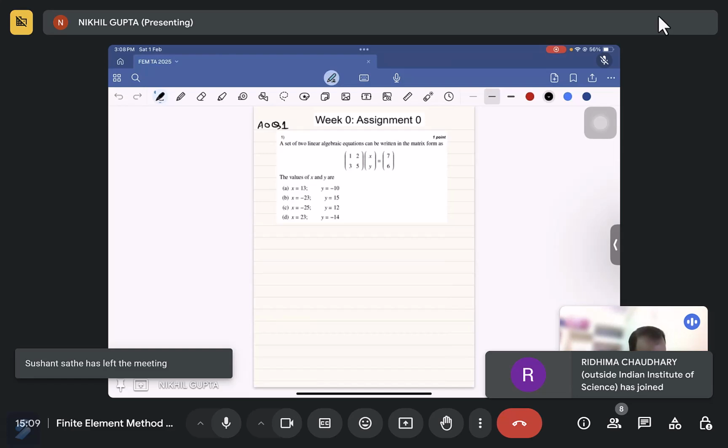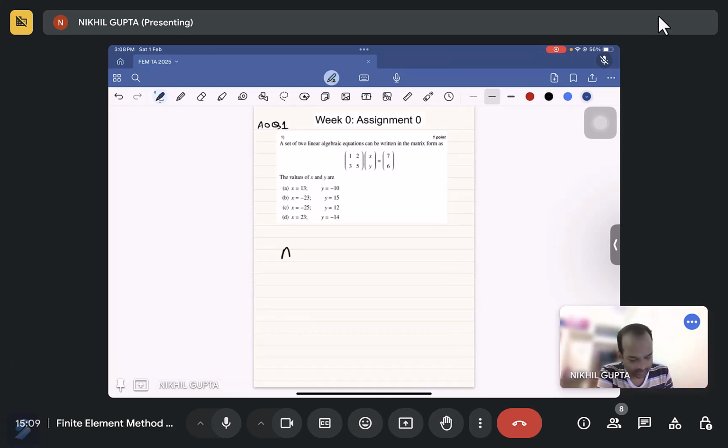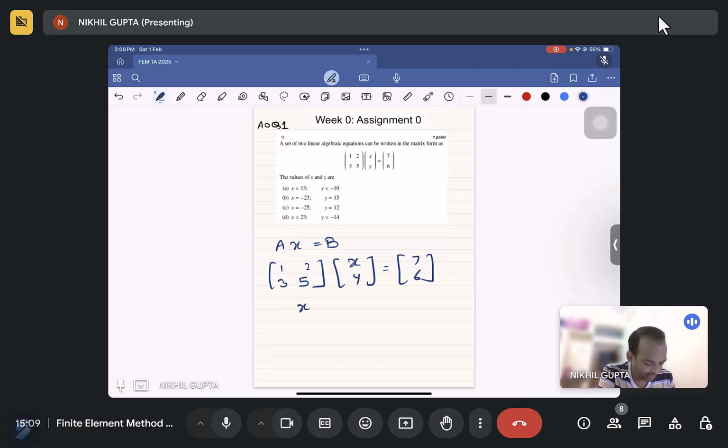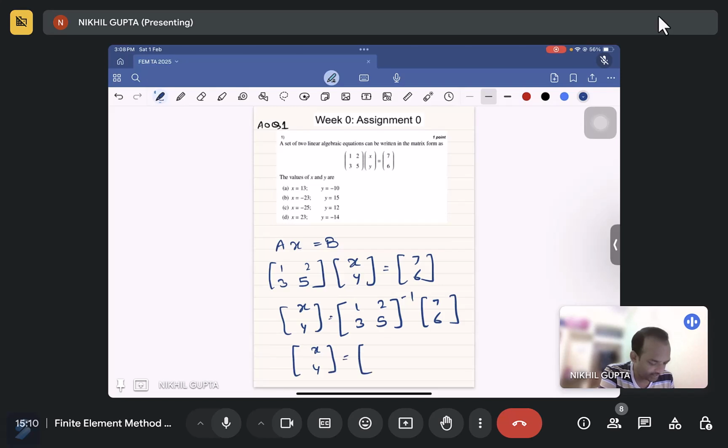It is of the form Ax = b, where the A matrix is [1 2; 3 5], the X matrix is [x; y], and b is [7; 6]. To get X and Y, we take A inverse, which is [1 2; 3 5] inverse, into [7; 6]. That's pretty simple to solve, so I won't go into much detail. The solution you will get, you can check, is x = 23 and y = 15 in this case.